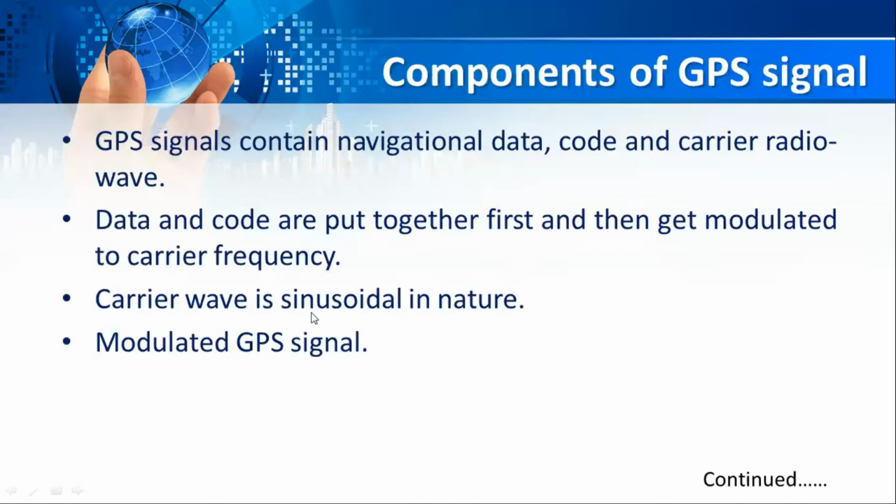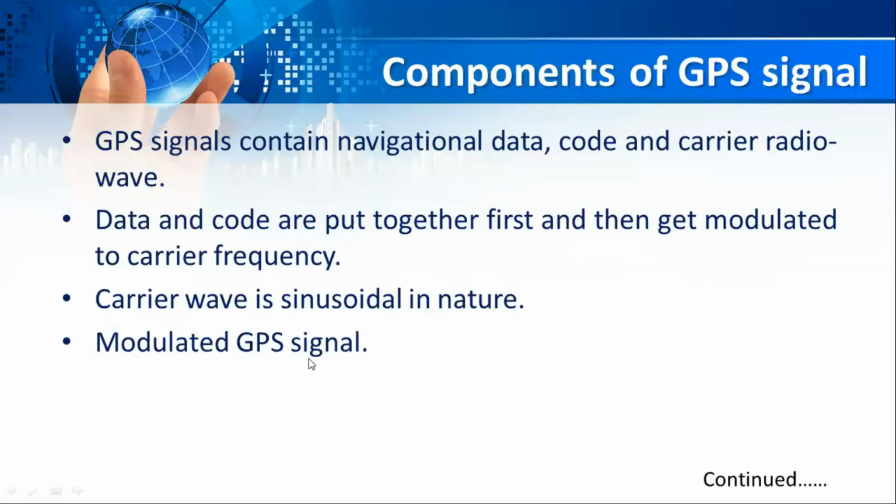The carrier wave coming from the satellite is sinusoidal in nature, and this carrier frequency gets modulated, so we get a modulated GPS signal.